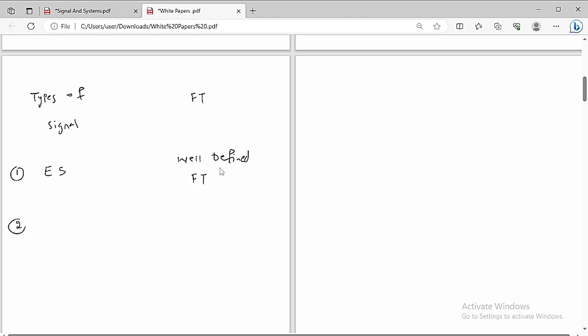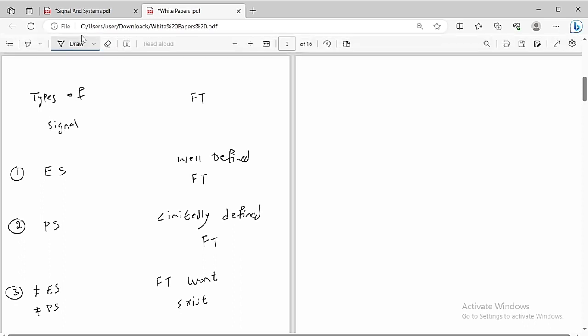Suppose the given signal is a power signal, then we have a limitedly defined Fourier transform. If the given signal is not an energy signal and not a power signal, then the Fourier transform won't exist. At this point, this table you have to keep in your mind.